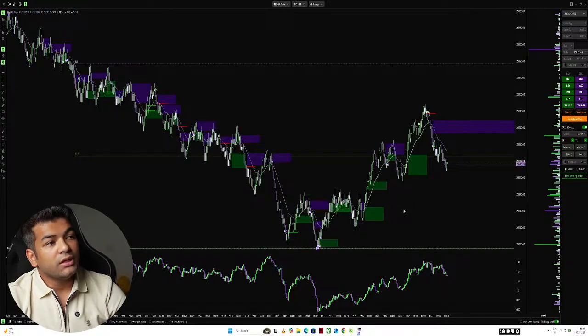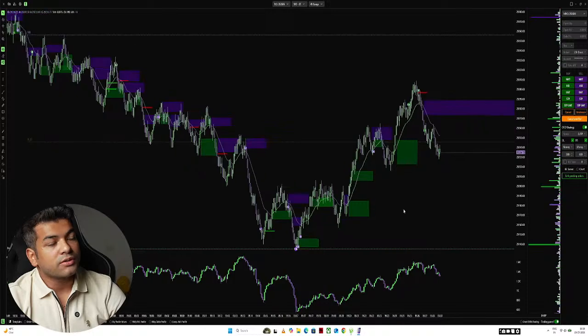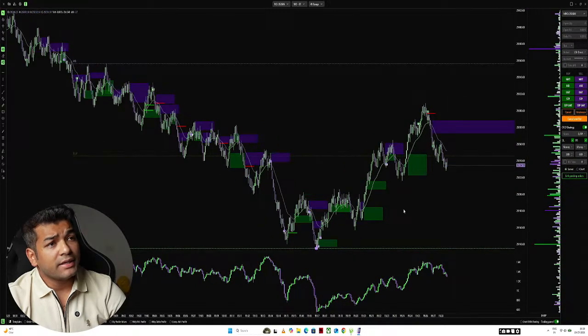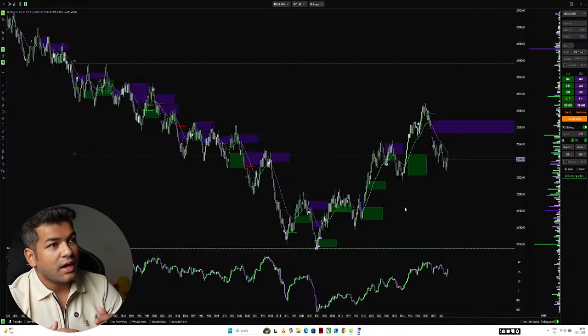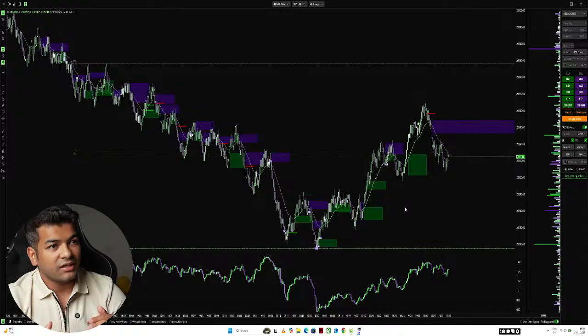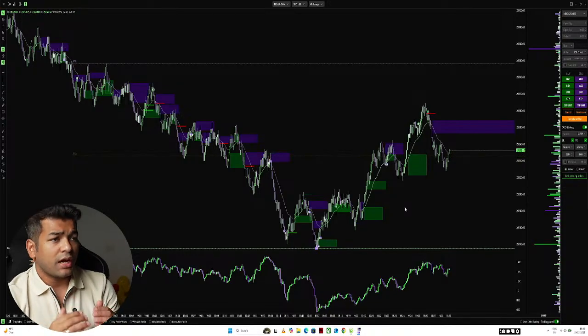Yeah, so the green blocks and the purple blocks, which you can see, are buy and sell effort respectively. This is a proprietary model which comes from the Deep Charts terminal. Basically, when there is an imbalance between buyers and sellers, and we set a criteria for a certain amount of buyers or sellers coming into the picture, and price shoots up from that area, that particular area is referred to as an effort area.